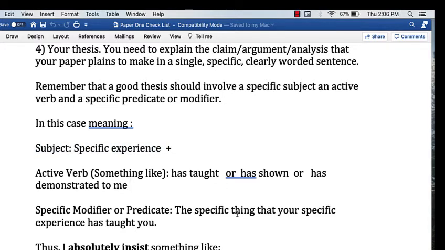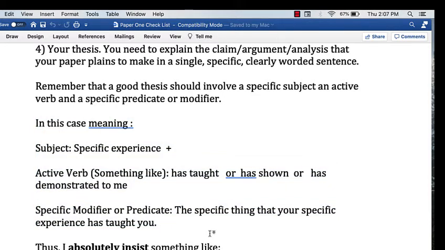The active verb: has taught, has demonstrated to me, something like that. And then finally, the specific predicate, which in this case should be the specific lesson, so that the thesis statement that you work toward at the end of the introductory paragraph should follow this format, which is in that checklist that I pointed out to you, okay?